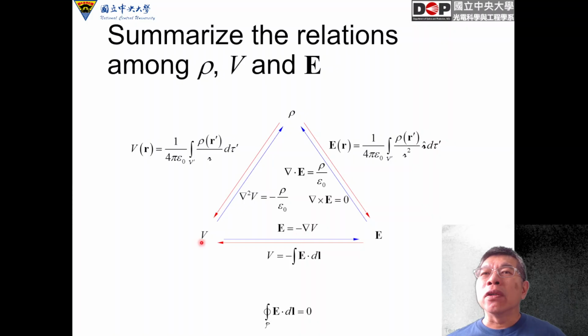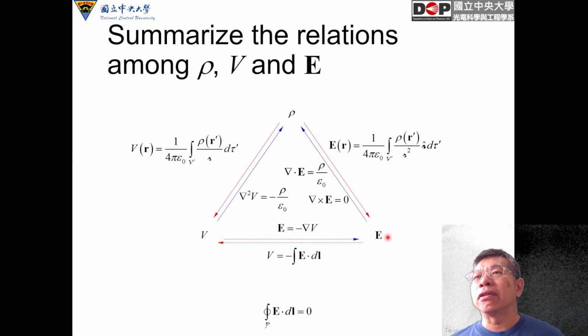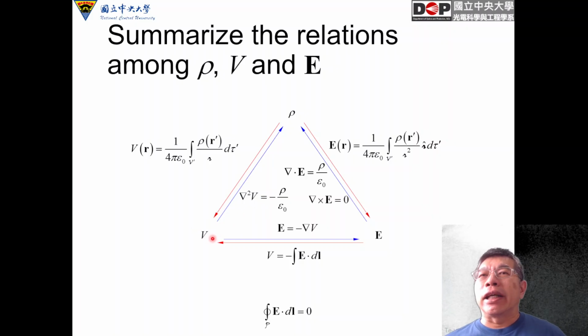If you know the potential, you can take the gradient and a minus sign, and the electric field can be obtained. On the other hand, if you know the electric field, you just take the path integral and you get the potential. That's it.